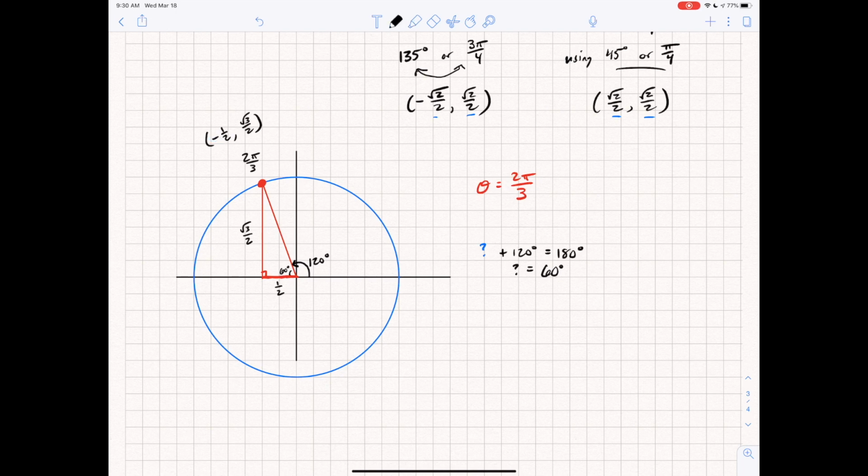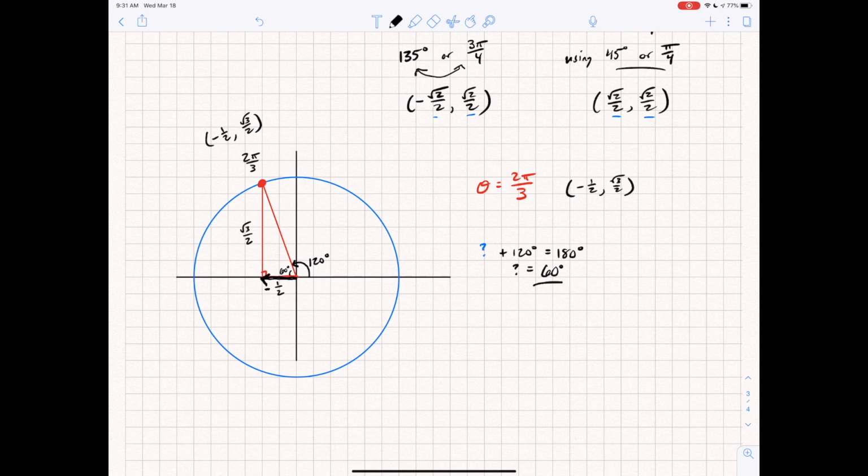Hopefully you're seeing it, thinking about it from last time. It's because we're in the second quadrant. My triangle is placed to the left of the y-axis, meaning that to go this direction is the negative direction on x. So that 1/2 has to be negative here. So the ordered pair for 2 pi over 3 is negative 1/2, root 3 over 2.